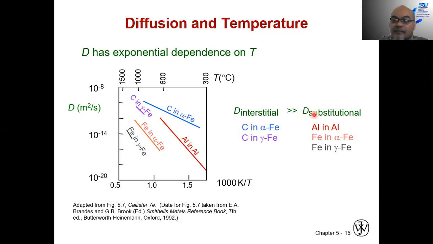So aluminum in aluminum, or iron in alpha iron, or iron in gamma iron, this is self-diffusion. The value of D is smaller than the interstitial D for carbon in alpha iron or carbon in gamma iron. It means that carbon has a larger rate of diffusion into the iron.